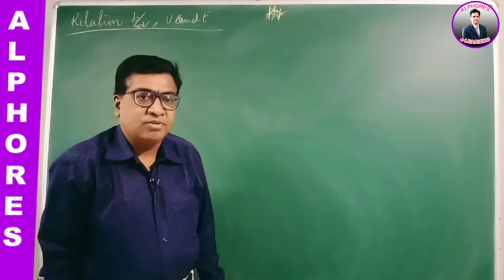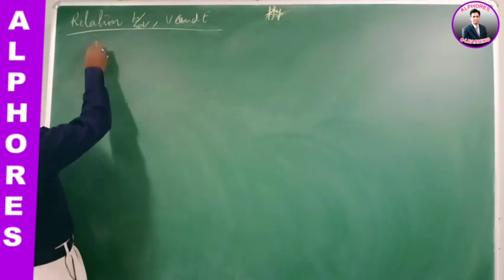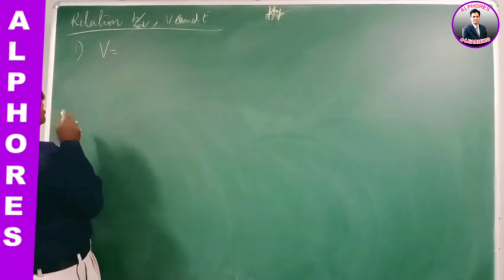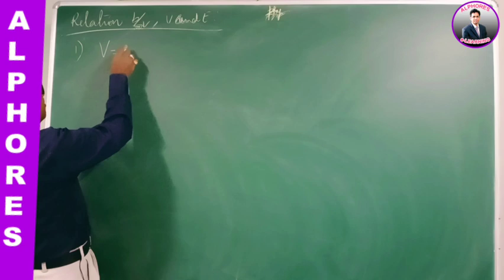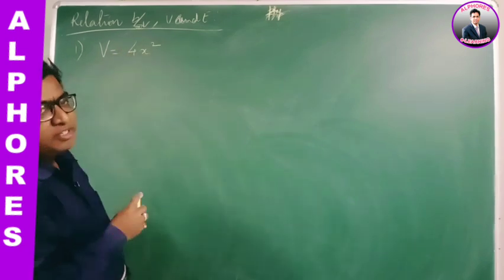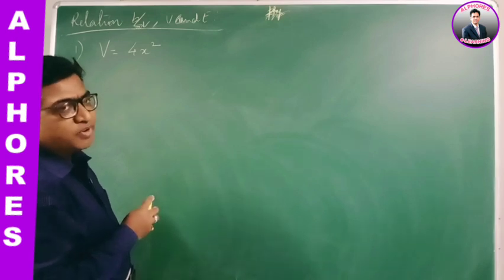So this way you can get the relation between the electric field and electric potential. Now, let's suppose the potential at a place is given as a simple illustration: V equal to 4x square.